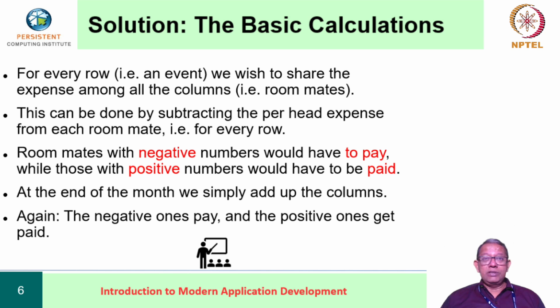Roommates with negative numbers will be the ones who will have to pay, while roommates with positive numbers against their names will be the ones who will receive money. At the end of the month, we simply add the columns. Again, the negative ones will have to pay and the positive ones will be receiving money.